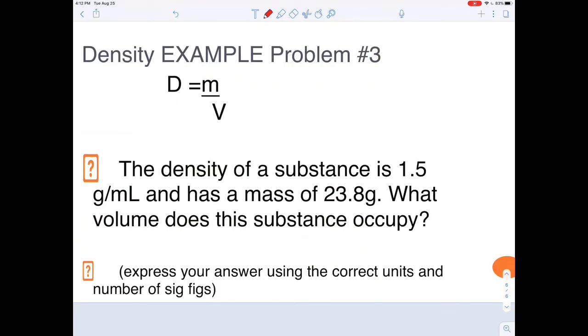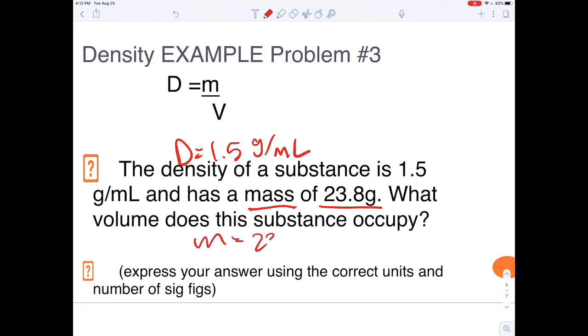Okay, last example problem here. The density of a substance is 1.5. So they give us the density, and then give us the mass. The mass is 23.8. What volume does this substance occupy? Same thing here. If I do some algebra, I can basically switch these two around.